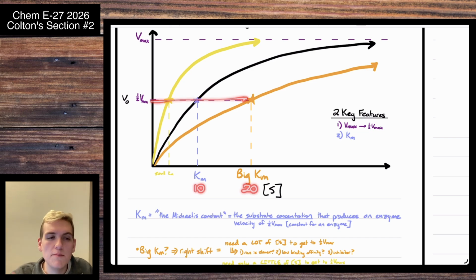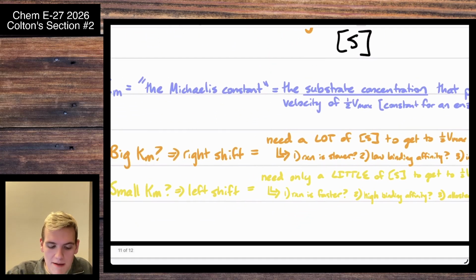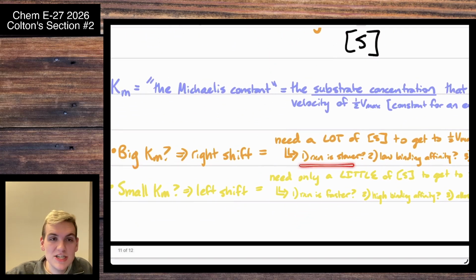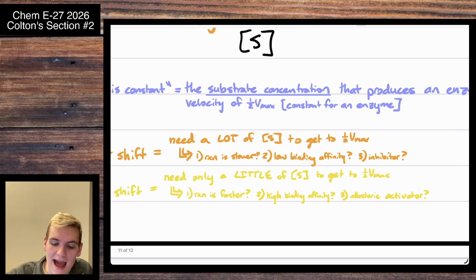And so what are some reasons why we might have a big Km? Again, these are options, these are possibilities, which is why I put question marks. It is not the way, the truth, and the light. Amen. So one reason why we might have a big Km is the reaction just could be slower. It could take up more enzymes, like they're not turning over the products as fast.